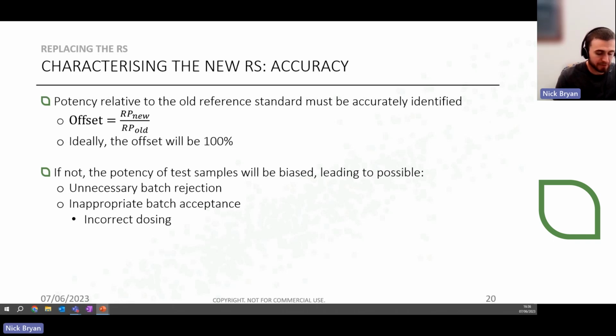Or we might have a case where our test sample batch now falls inside of the specification limits when it shouldn't, which would lead to inappropriately accepting a new batch, which could lead to it being incorrectly dosed or releasing something that shouldn't be released in the first place. So this offset value is going to be really helpful for understanding the differences between test sample measurements once we've changed reference standard.